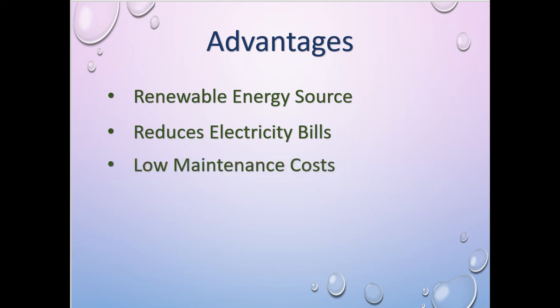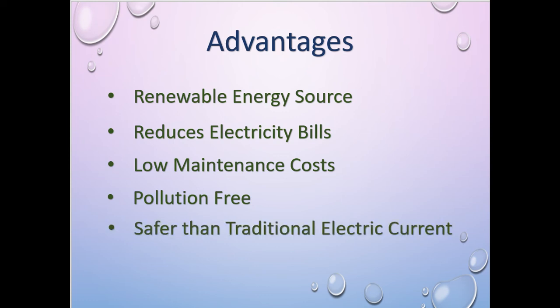No people need to maintain the system, so maintenance cost is low. Solar energy is pollution free and causes no greenhouse gas to be emitted after installation. Traditional electric current flows with high voltage, but the solar current that we get from solar energy flows with low voltage.